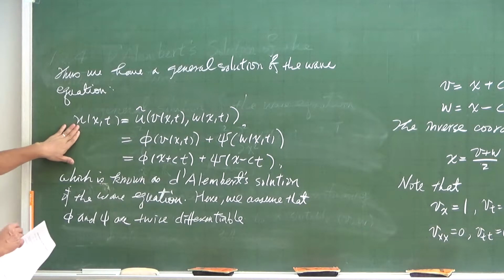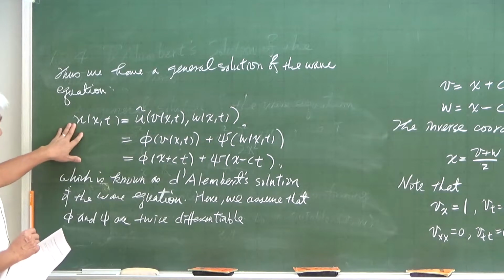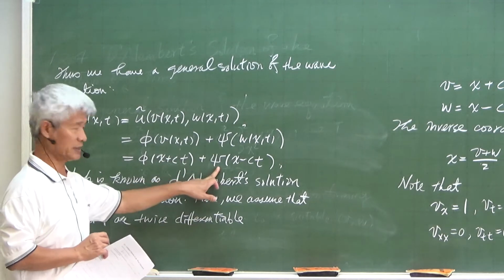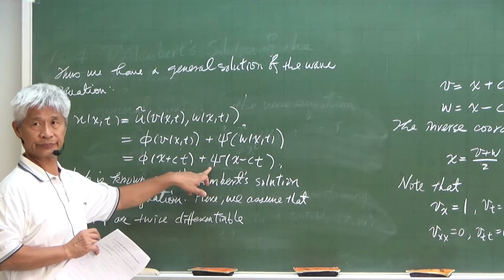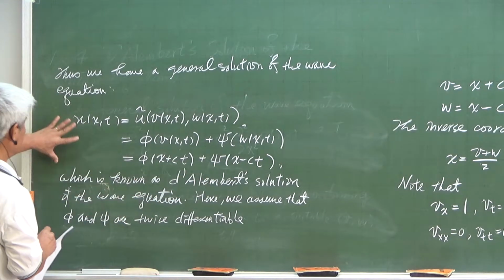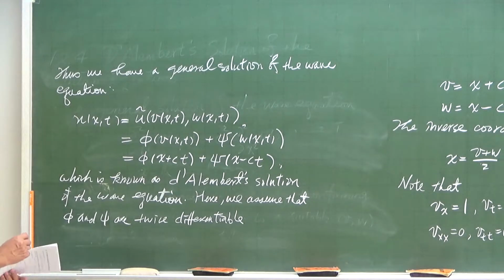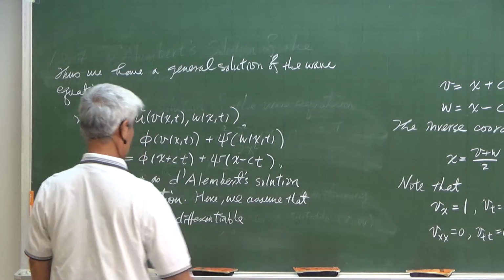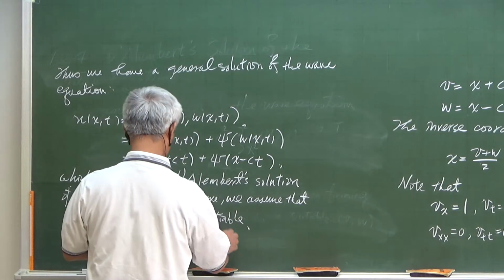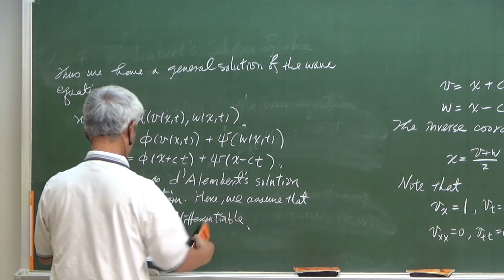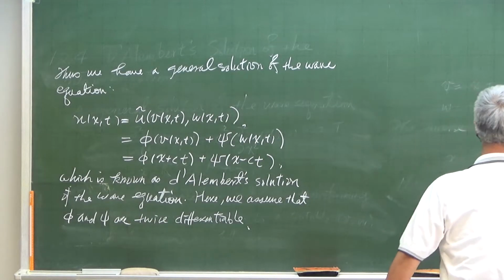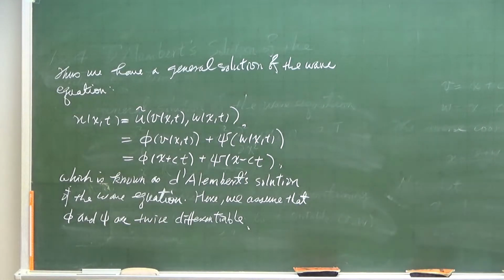For that to be possible, phi and c must be twice differentiable. So for our purpose, we will assume that both functions are twice differentiable. So any questions?